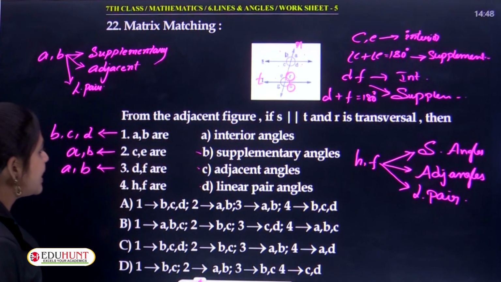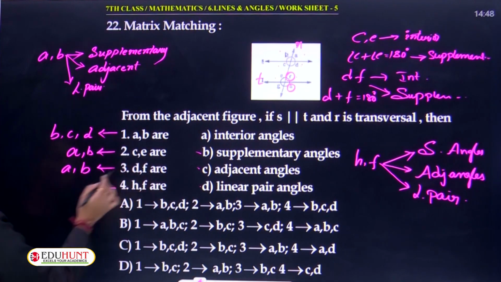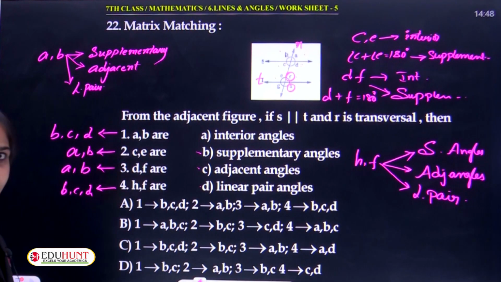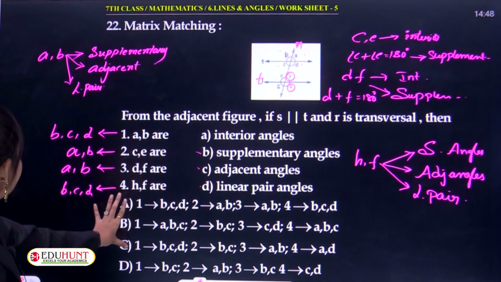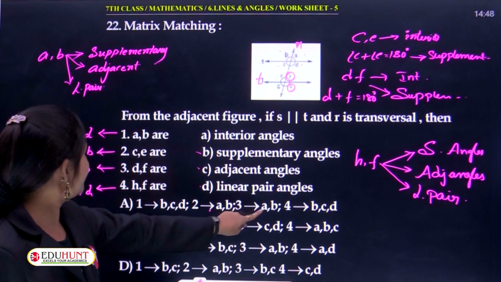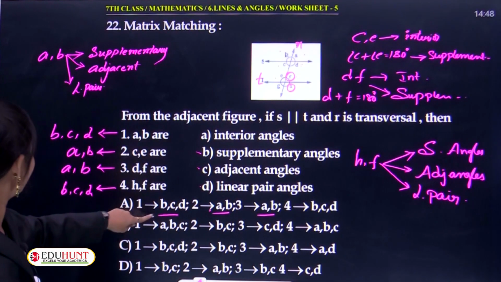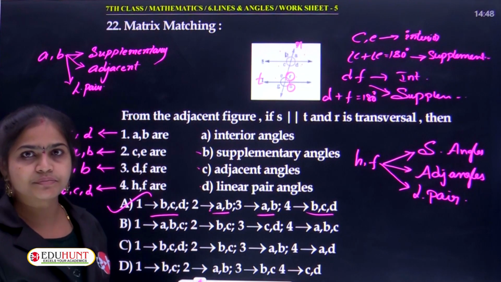Supplementary angles, adjacent angles, and linear pair also, which means B, C, D. Yes, B, C, D. Next, A, B. Third one also A, B. Fourth one B, C, D. Yes, option A is satisfied here.